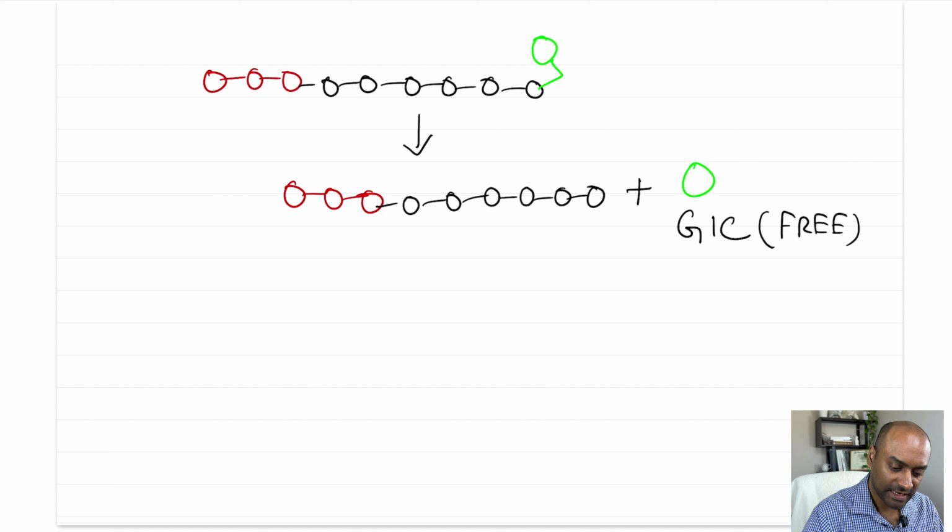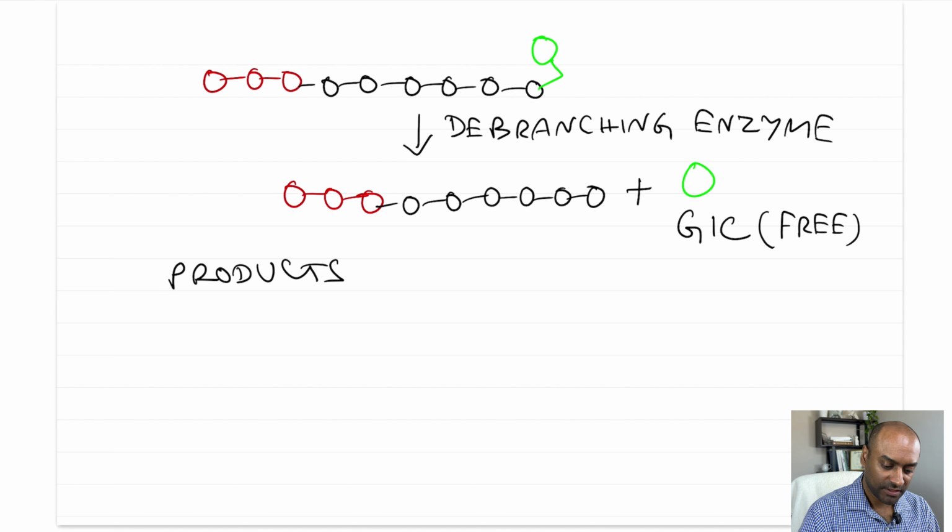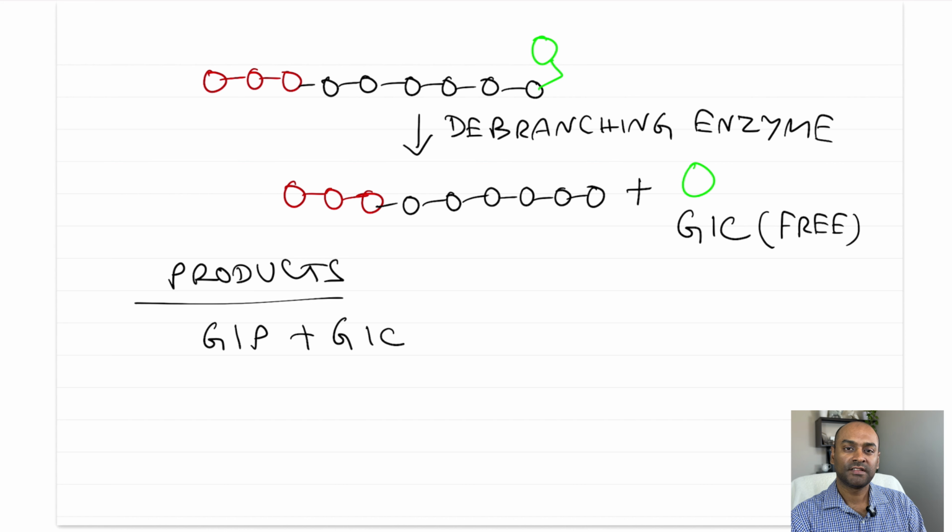Okay, and this is again done by debranching enzyme. All right, so the products of glycogen breakdown are going to be G1P plus free glucose. Okay, that's what we will make from glycogen breakdown.